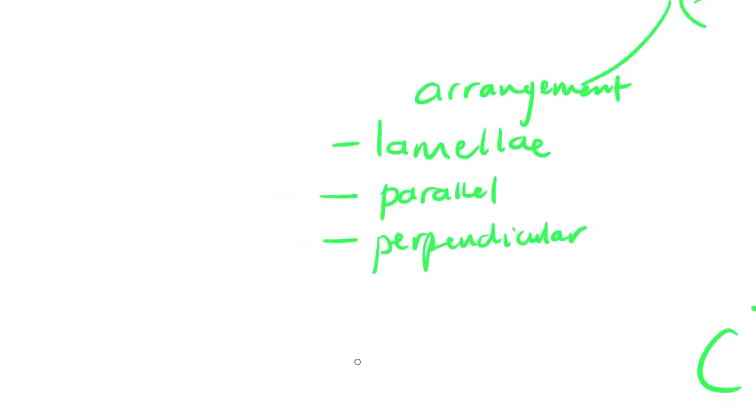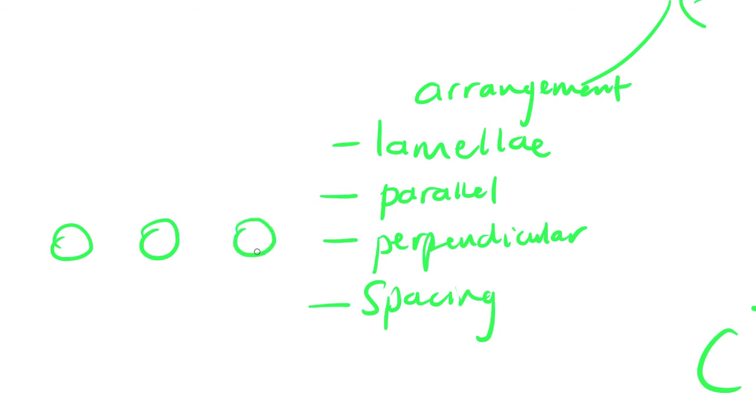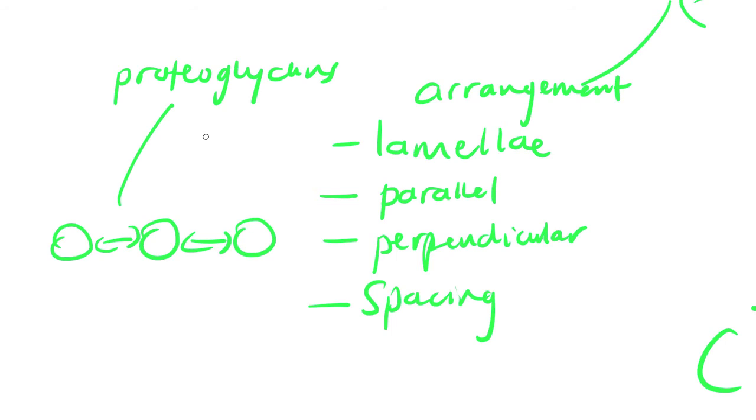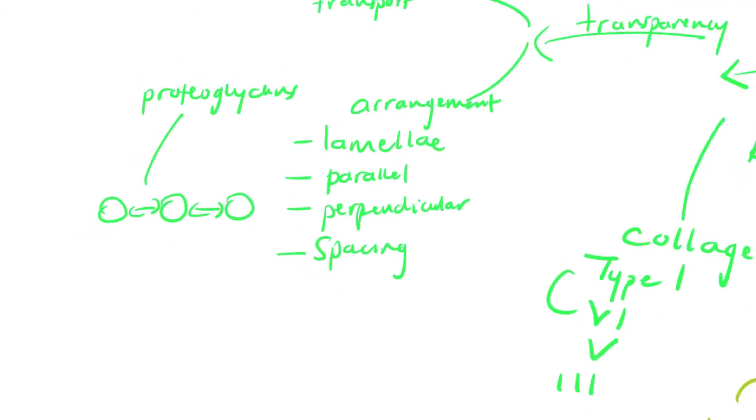And what else is important is the idea of the spacing between the collagen fibrils. So you can imagine this is a collagen fibril, this is a collagen fibril, this is a collagen fibril. This spacing continuously remains the same. And what's thought to contribute to this is the specific proteoglycans that exist within our corneal stroma.